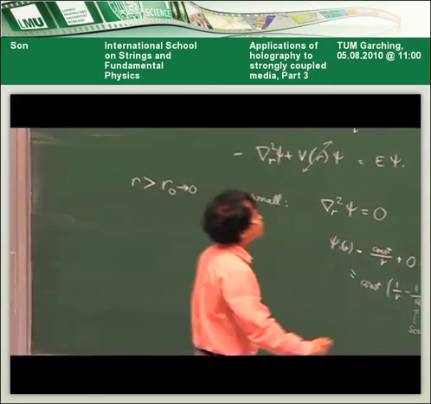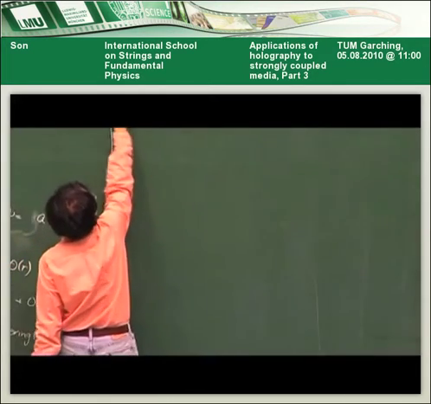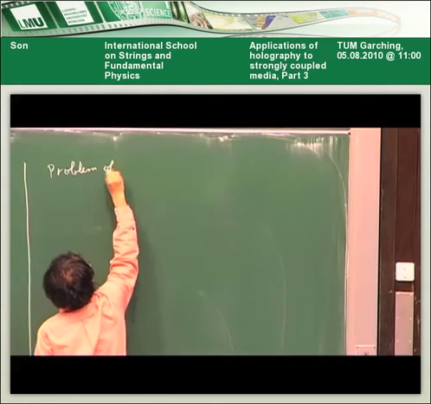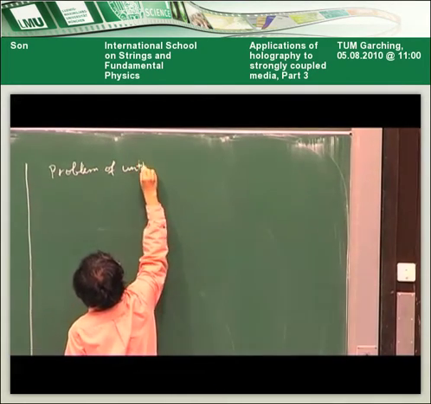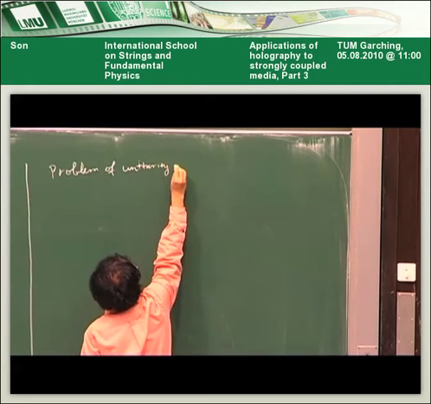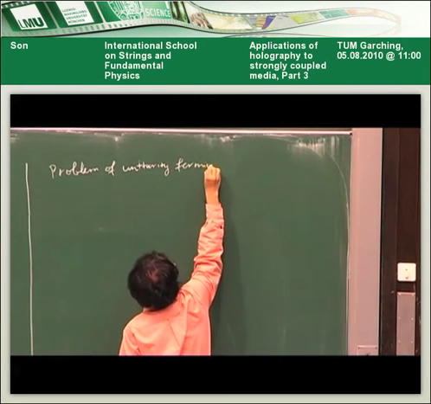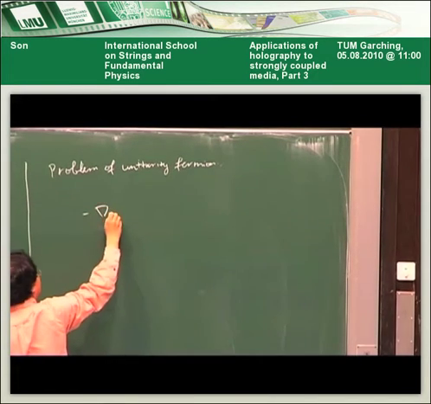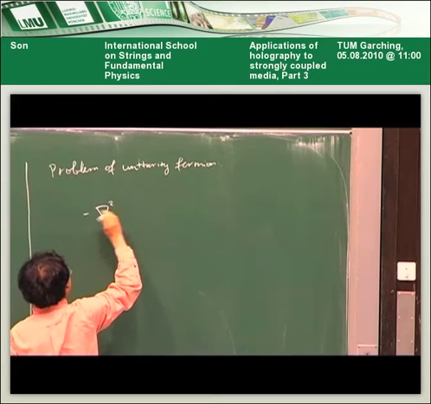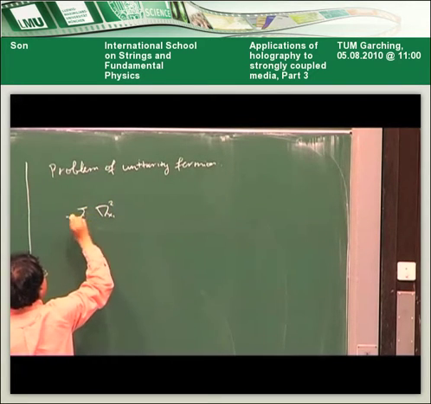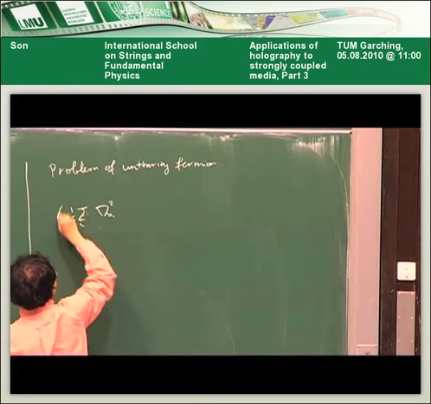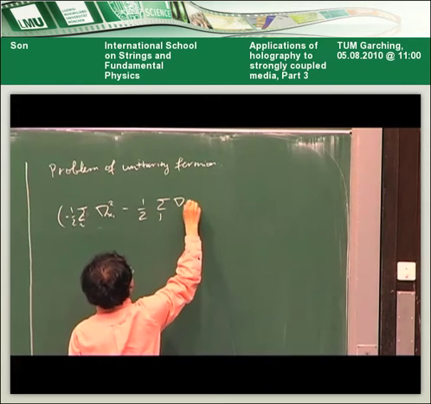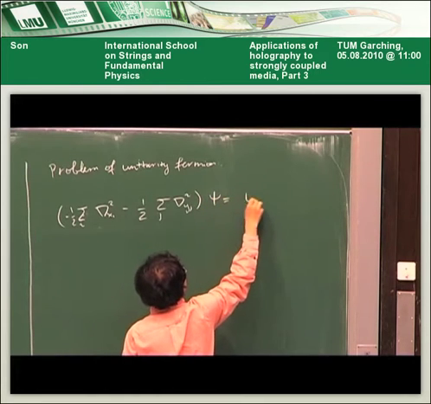So the problem of unitary fermions is the problem of solving the Schrödinger equation that looks like this.